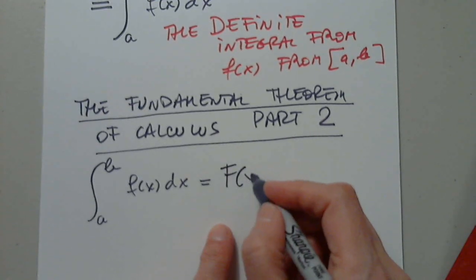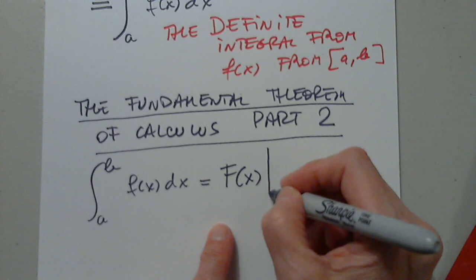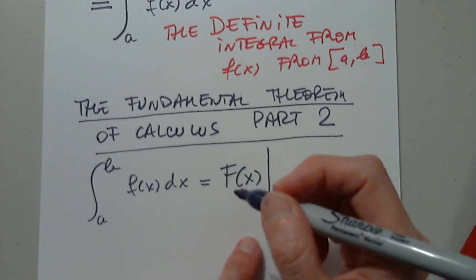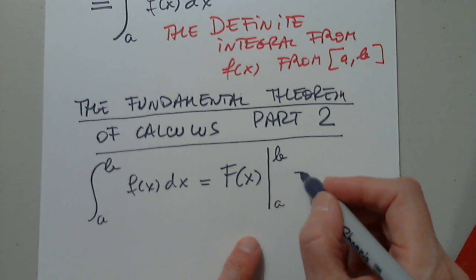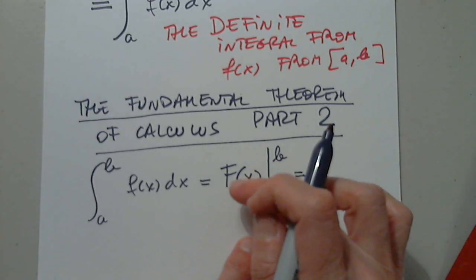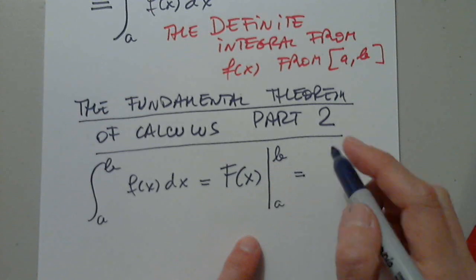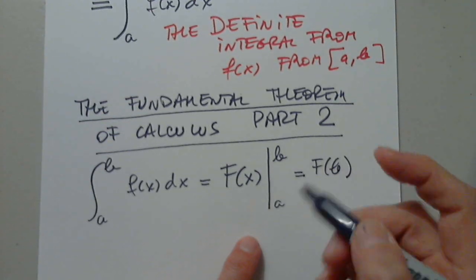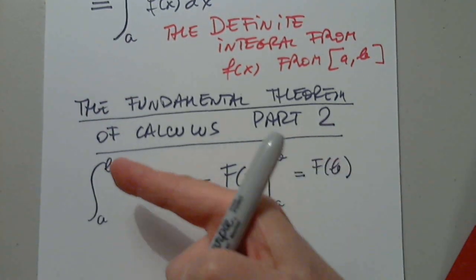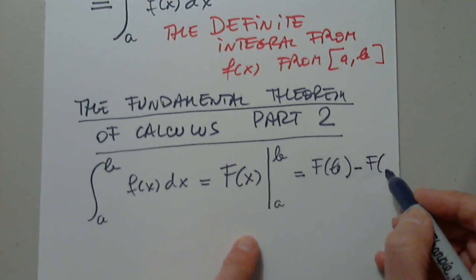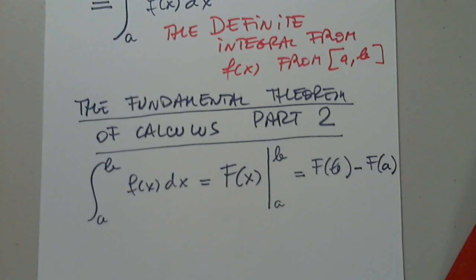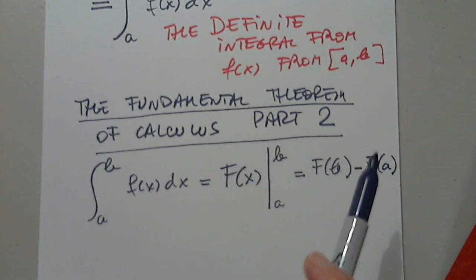Very good. Then we draw a vertical bar from A to B. And then we evaluate this function at B first, the upper limit, minus when we evaluated at A. This is the fundamental theorem of calculus part 2.